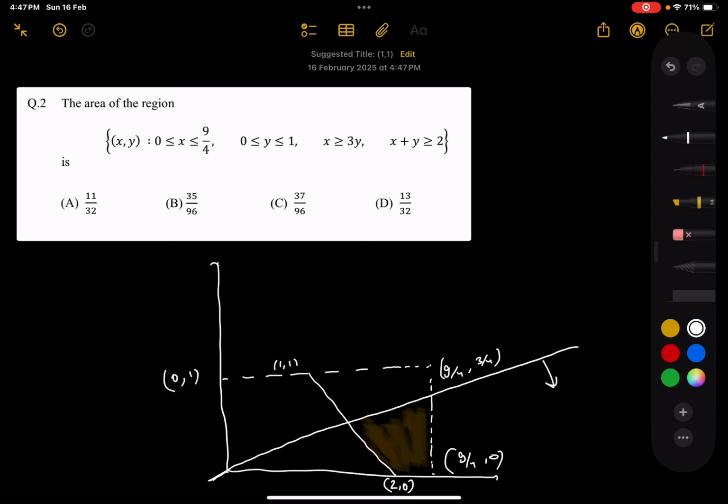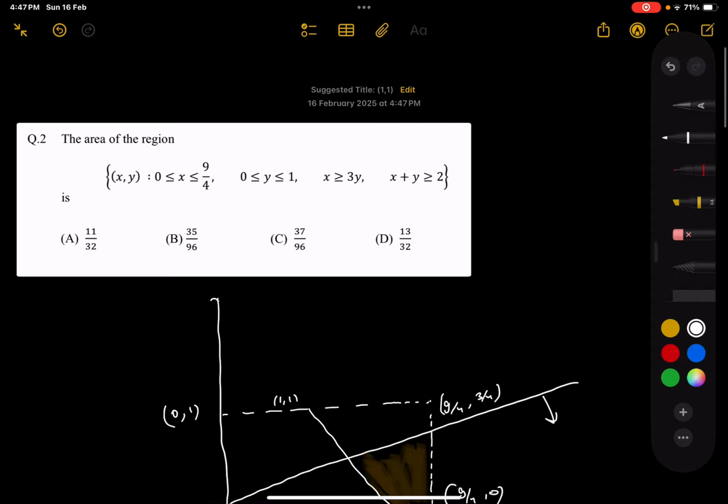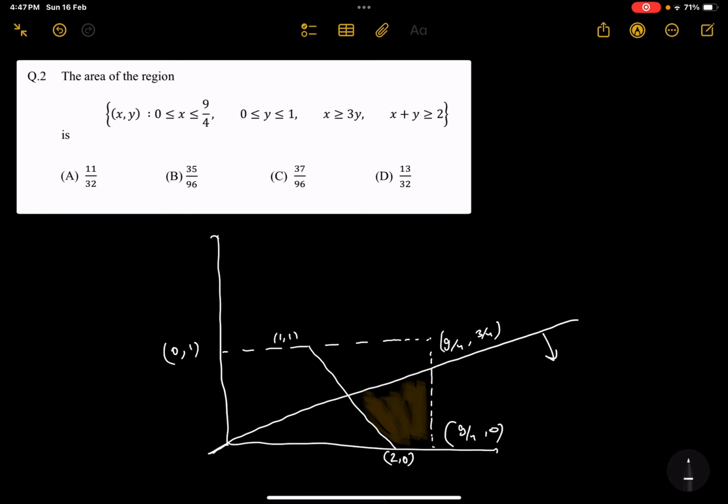To find the area, what we have is this height is 3 by 4, this is 9 by 4.